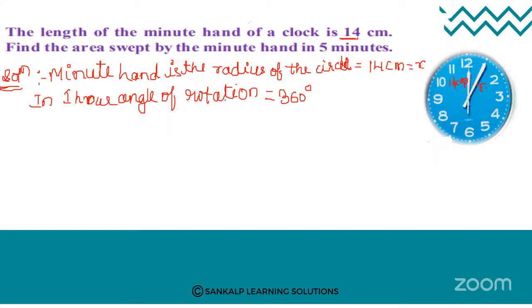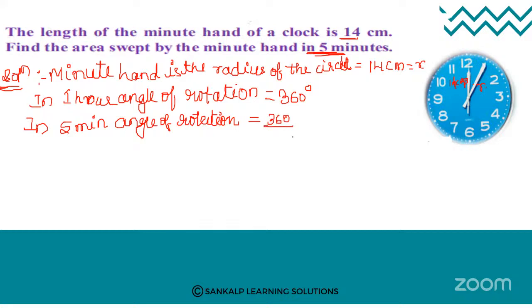Next, the angle of rotation in 5 minutes. In 1 hour, it is 360 degree, so we want it in 5 minutes. So in 5 minutes, the angle of rotation is 360 degree divided by, in 1 hour how many minutes are there? 60 minutes are there, into we want 5 minutes.